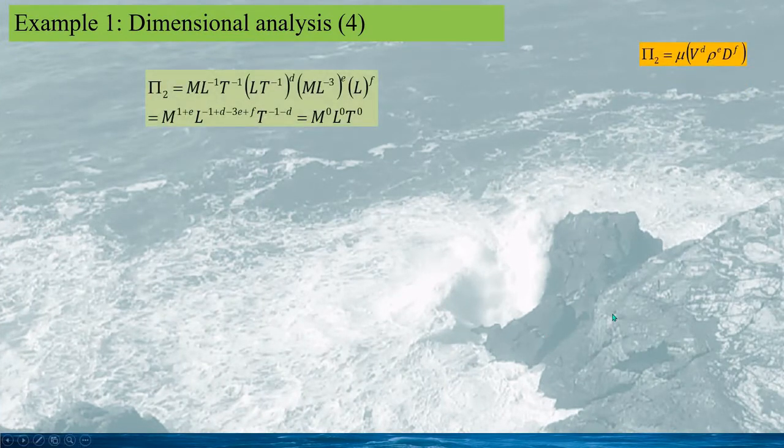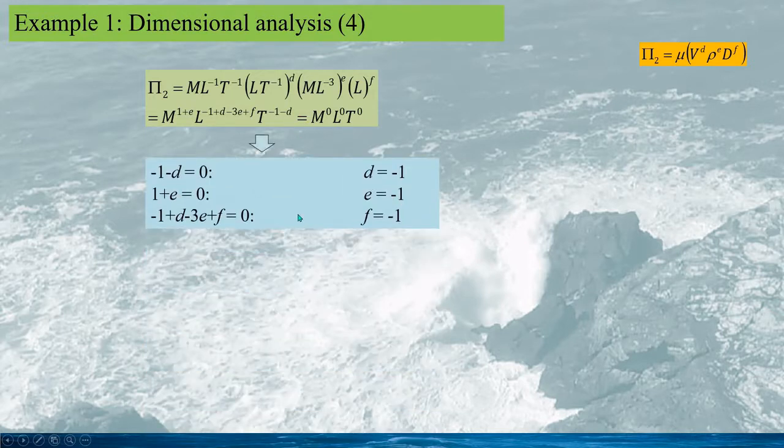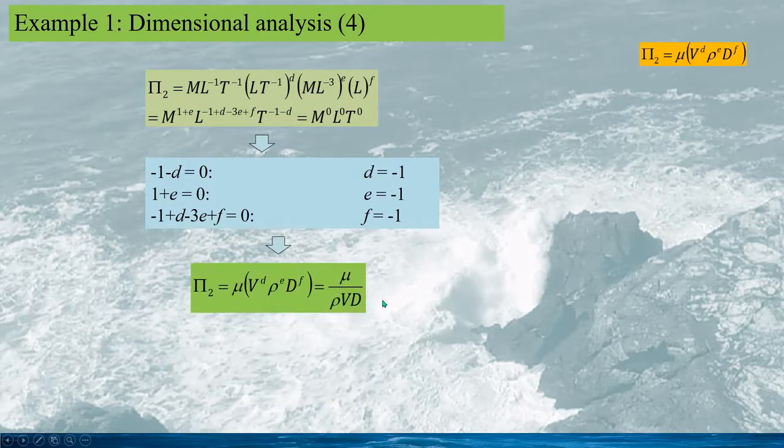For the second non-dimensional parameter pi2, we have the dimensional analysis like this. So we have the equations for the numbers d, e, and f. Solving these equations, we have the solution: d is -1, e is -1, and f is -1. So we have the non-dimensional parameter like this.